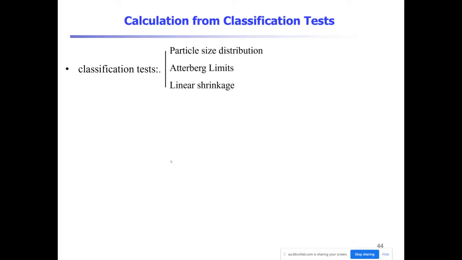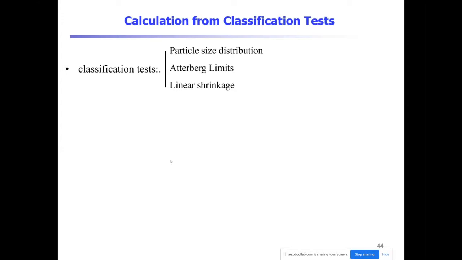The next test, again an indirect way to determine the CBR value, is by using the classification test results. You remember from soil mechanics or fundamentals of geotechnical engineering that in order to classify the soil, we need to conduct some tests.